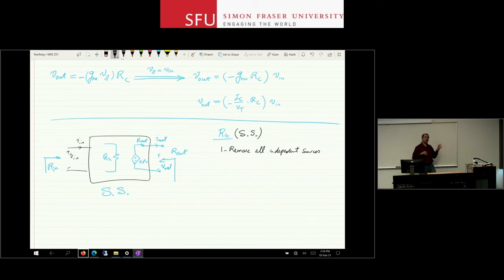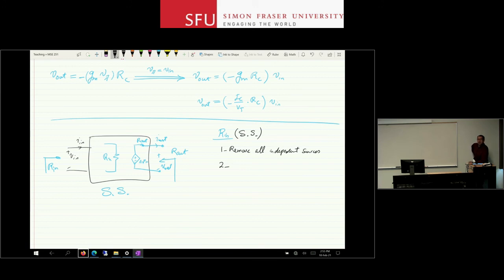What you're removing now is the independent AC sources. Then, how did we calculate the Thevenin equivalent circuit? You had one technique from MSE 250 that you calculated the open circuit voltage and short circuit current, and divided them by each other.